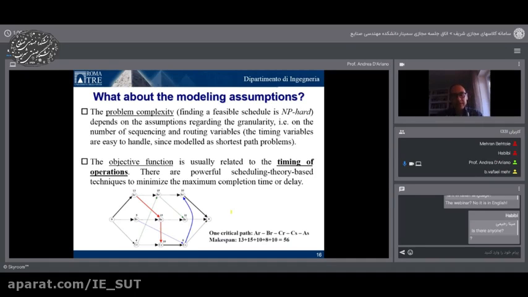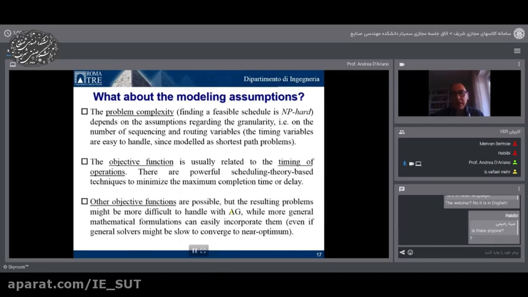So there is a very clear correspondence between the timing decisions, if you want to minimize the maximum completion time, for example, and the makespan-like objective function. So you can use all the knowledge in scheduling theory if you have a timing objective function, an objective function depending on timing variables.